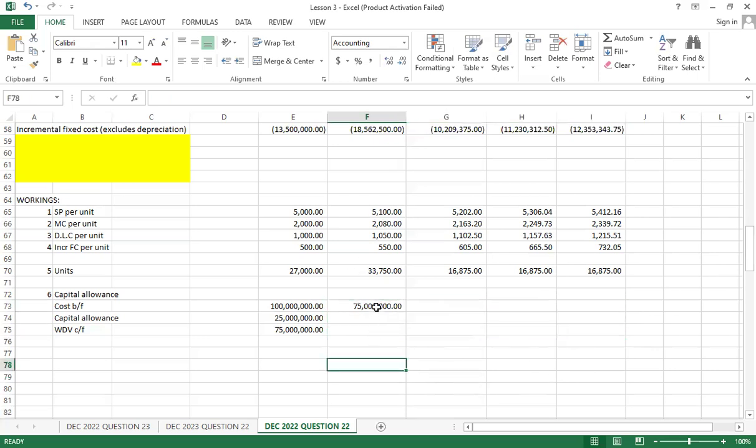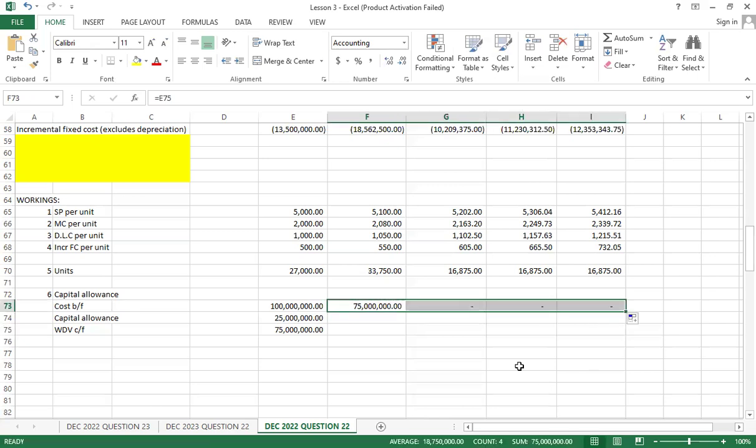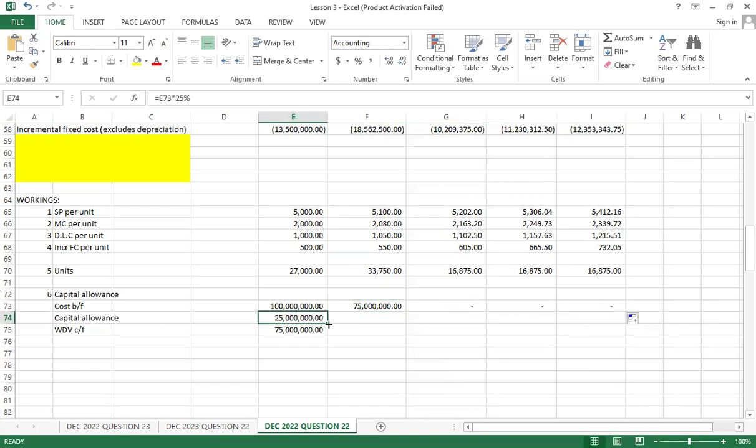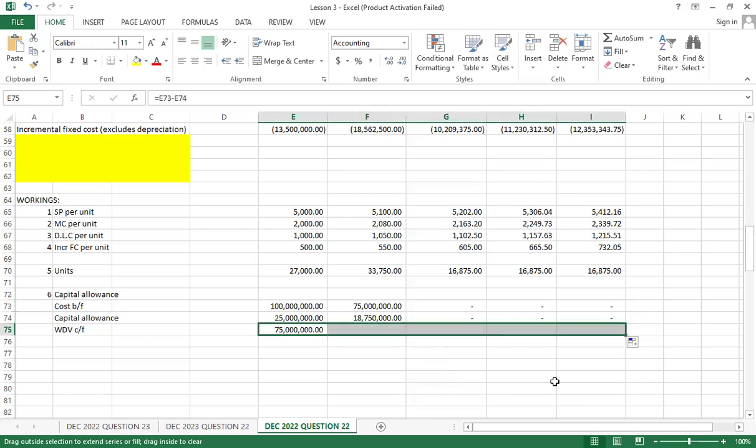Once you have done it to this brought forward figure, period 2, what you can do is simple. Can you highlight this 75 and then just drag the formula to the last year? Again, highlight this 25 for year 1, drag it to the last year. And then lastly, highlight this 75, also drag it to the last year. That way, you then have all the figures at once.